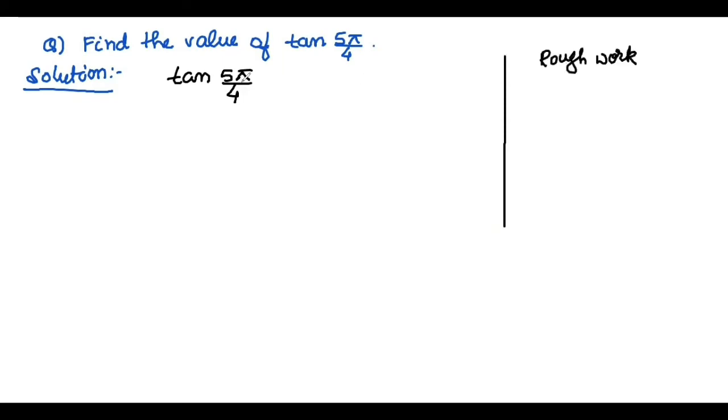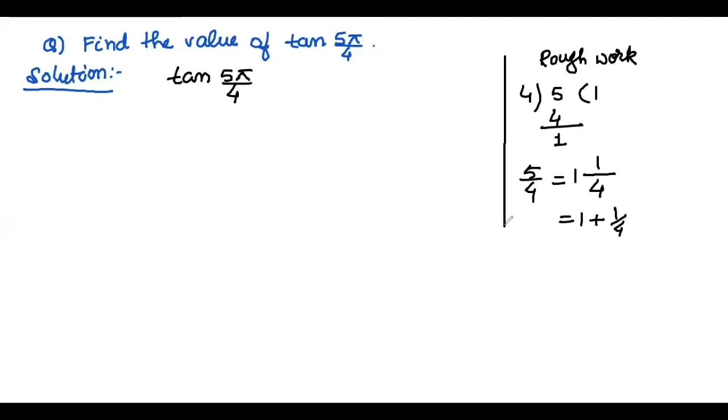I'm not going to use pi here, directly I'm taking only numbers. Here I'm dividing 5 by 4. So 5 by 4 equals 1 whole 1 by 4, means 1 plus 1 by 4.